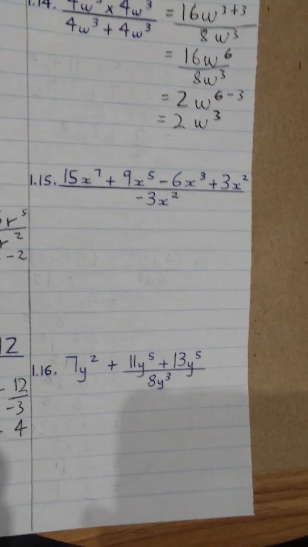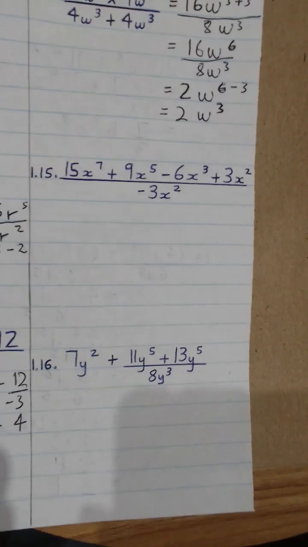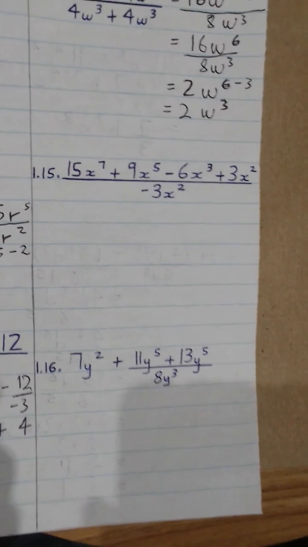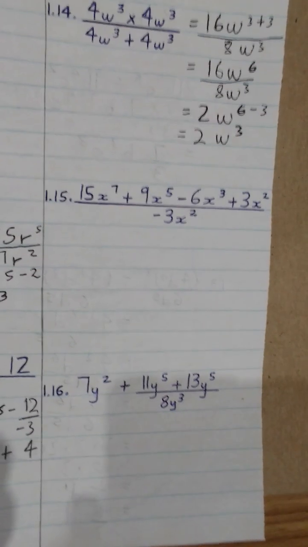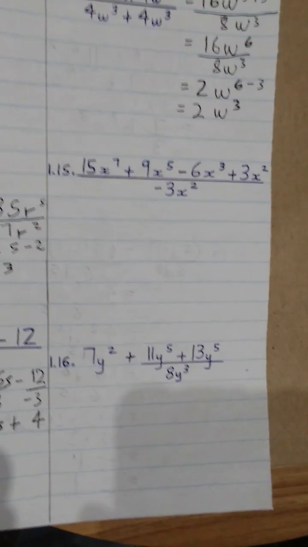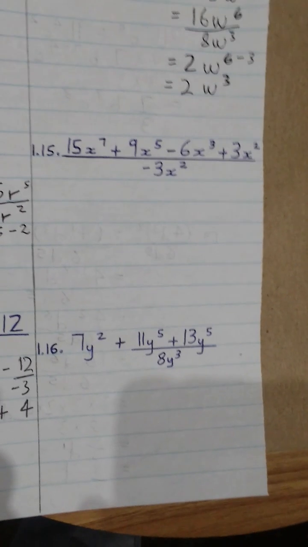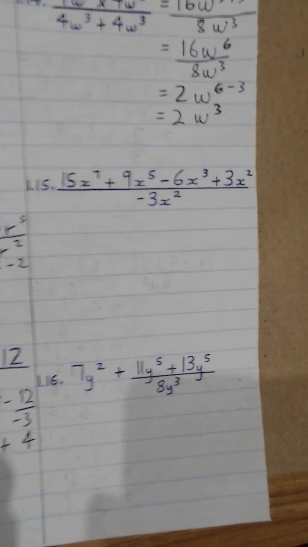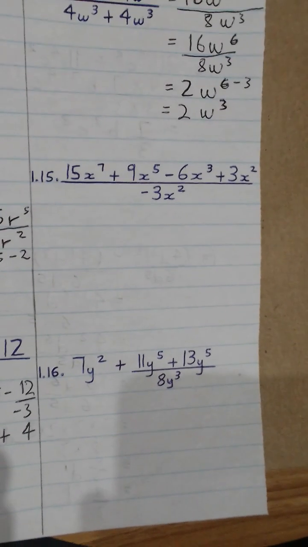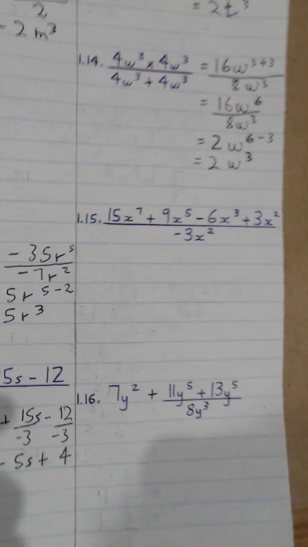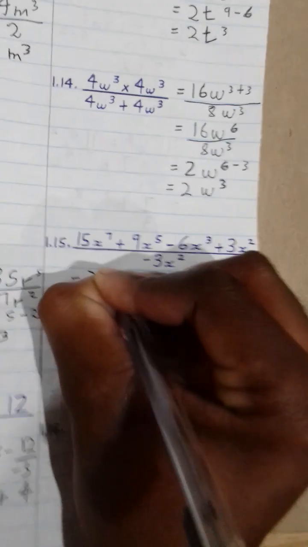We can either give everything the denominator negative 3x to the power of 2, or we can find the common factor in the numerator. The common factor of the numbers is 3. Those are all multiples of 3. They have the same variable x but different exponents, but the lowest exponent is 2. So in the numerator we can say 3x to the power of 2.